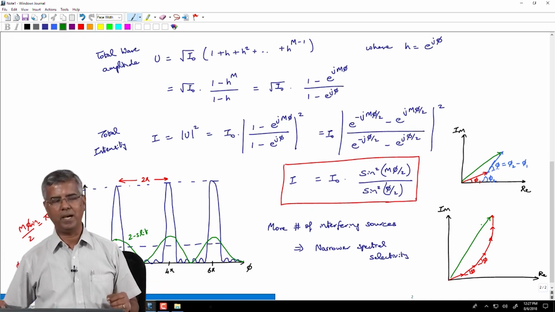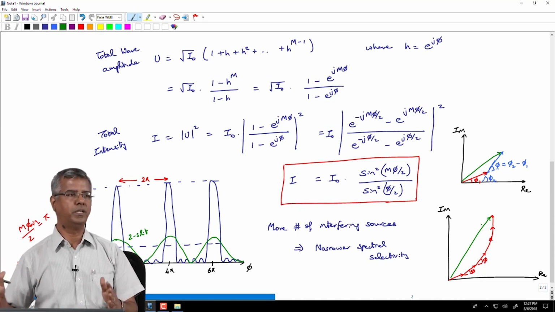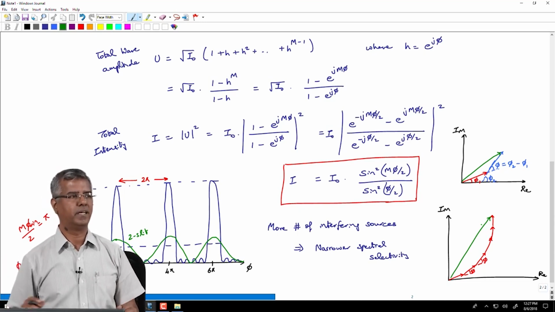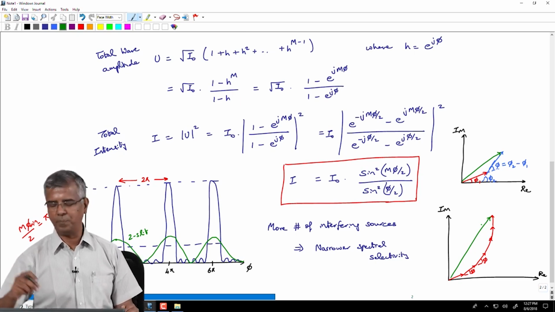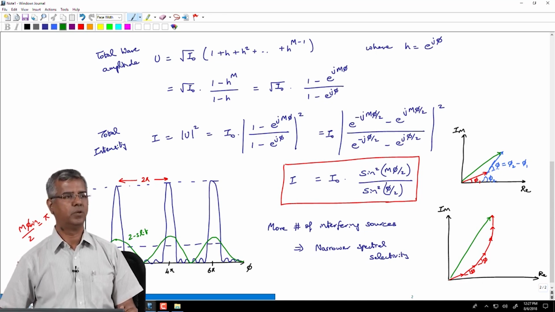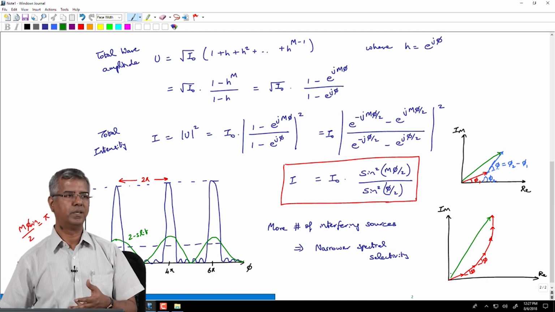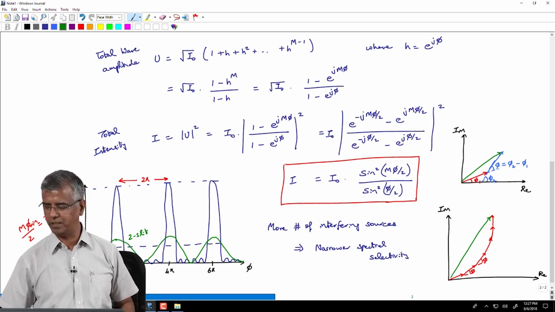But the moment you have a small change in phi, it's all going to wrap around to the point that it can make all the way back over here for a certain value of phi, and that value we found is 2 pi over m, where m is the number of interfering sources.